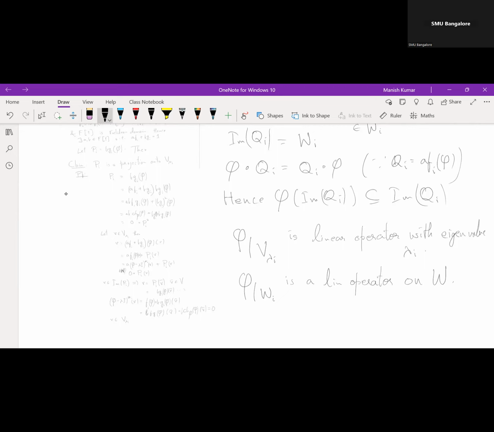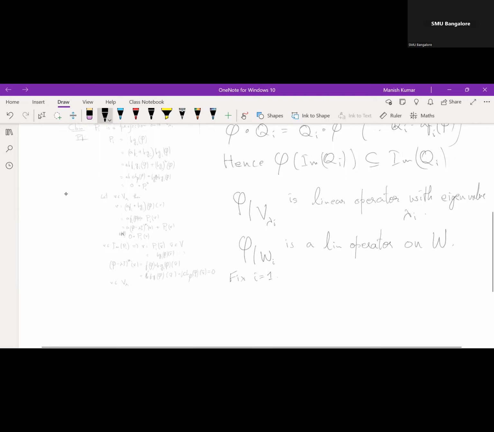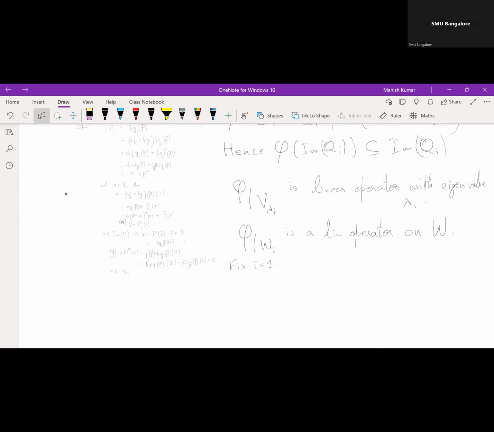If we show that W_i is a direct sum of V_lambda_2 to V_lambda_m, then we are done. So take i equals 1. If we show that phi restricted to W_1 is a direct sum of V_lambda_2 to V_lambda_m, then we are done.